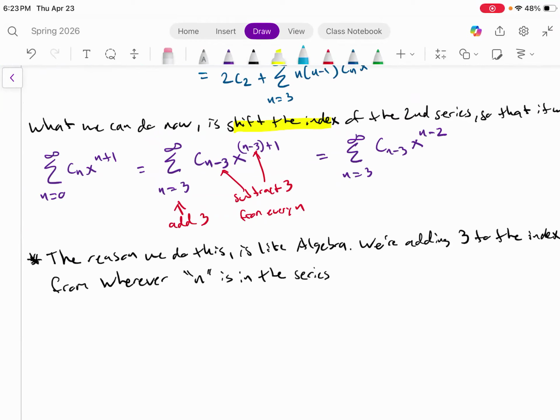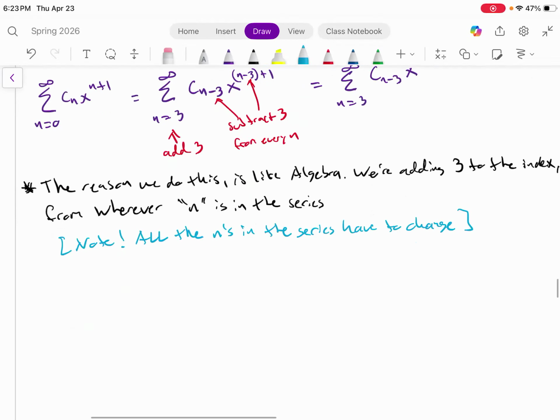Okay, and just be careful that all the n's in the series have to change. So just be careful there: whenever you index shift, all the n's are being affected.